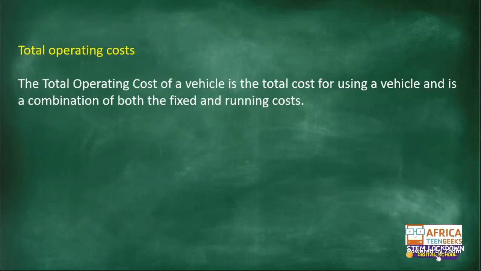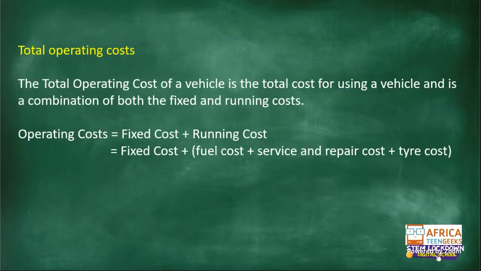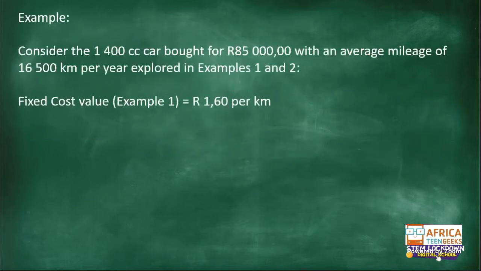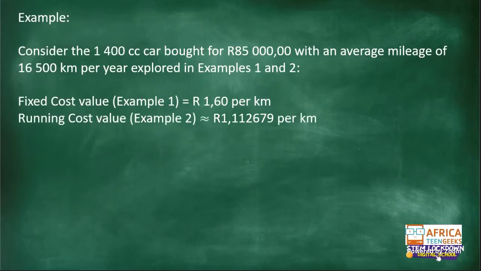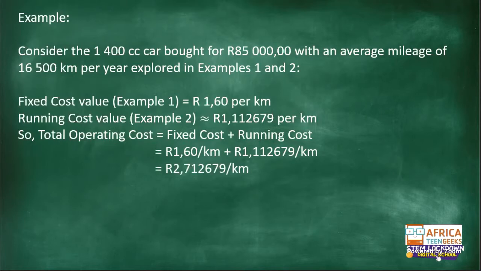We also have what is known as the total operating costs, which is made up of the fixed costs and the running costs. And we have shown you that the fixed cost is calculated to be R1.60 per kilometer. And of course, we have the running costs. Once you add the two, then you have the total operating cost per kilometer, like in this example.